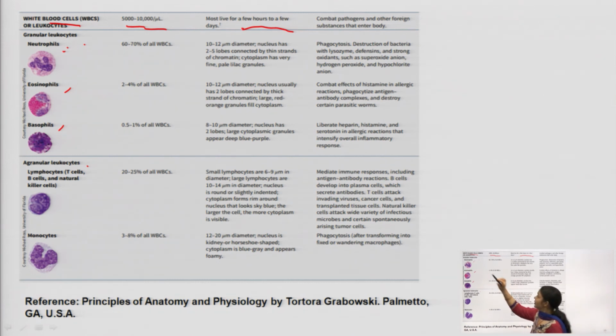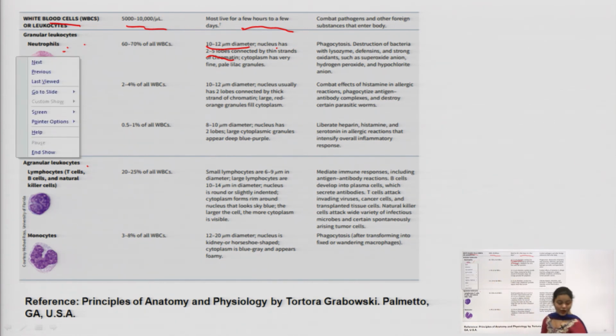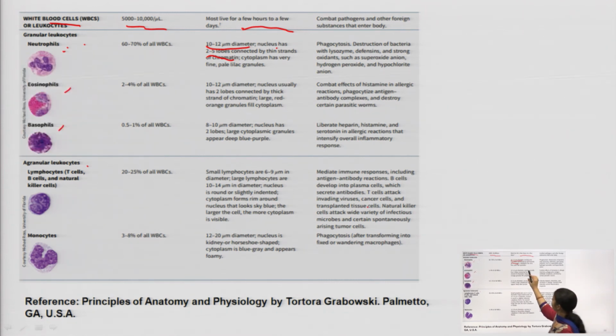Now come to the neutrophils. They are 60 to 70% of all WBCs, and their diameter is 10 to 12 micrometers. Their nucleus has 2 to 5 lobes, connected with thin strands of chromatin. See here, there is a thin strand of chromatin.